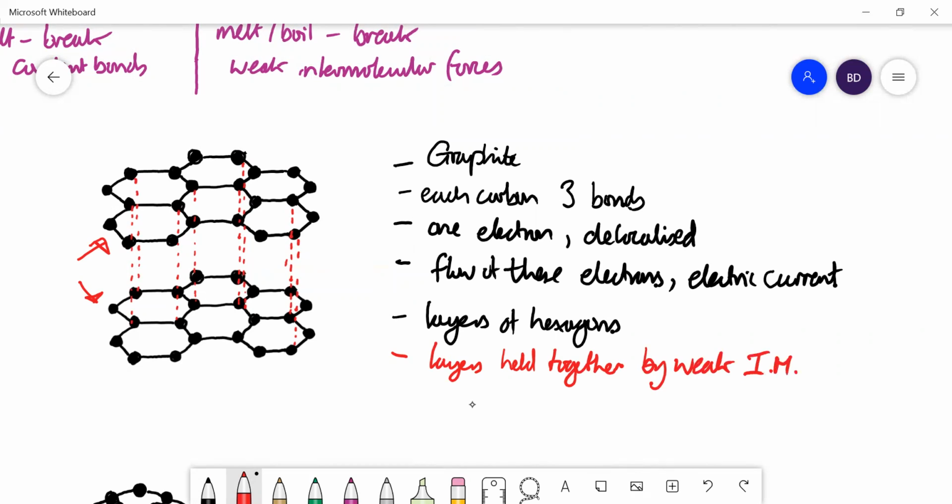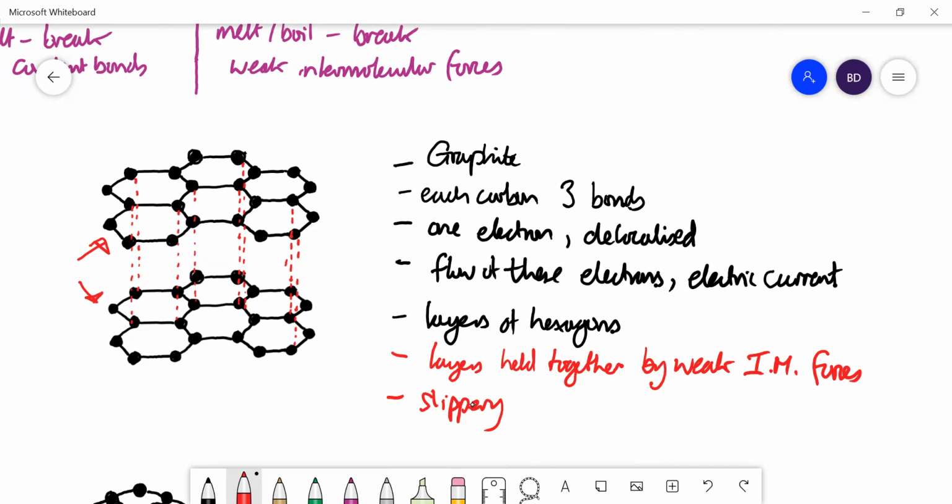That's right, intermolecular forces. So that means graphite is slippery, because the layers can slide over each other. When you slide one layer over another, you're not actually breaking any covalent bonds at all. You're only breaking the weak intermolecular forces.